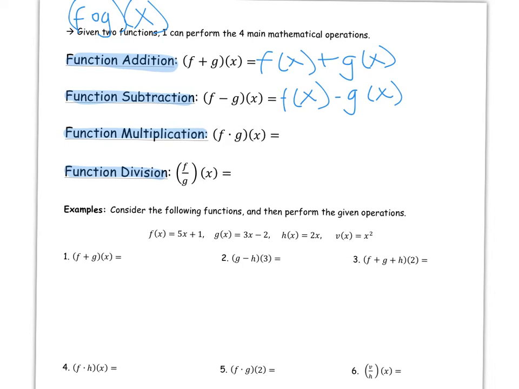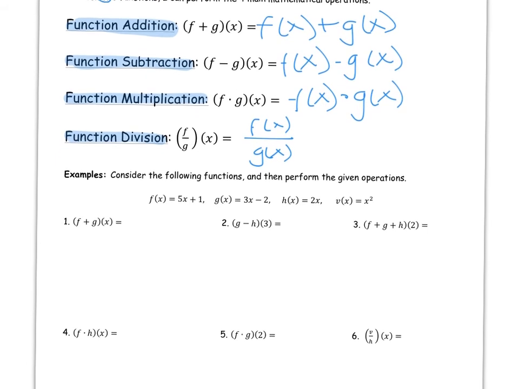So that symbol just means f of x times g of x. And if I do the last one, I have f of x divided by g of x. All right, so all I do is add, subtract, and so on and so forth.